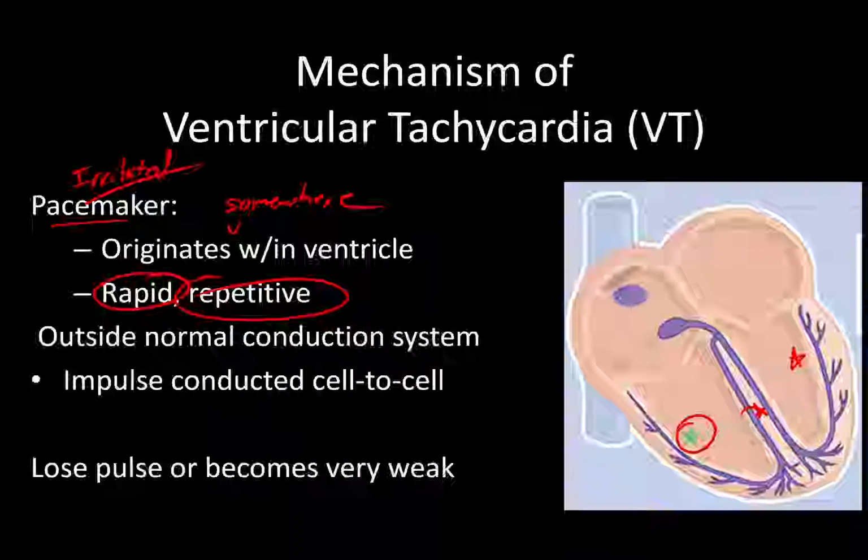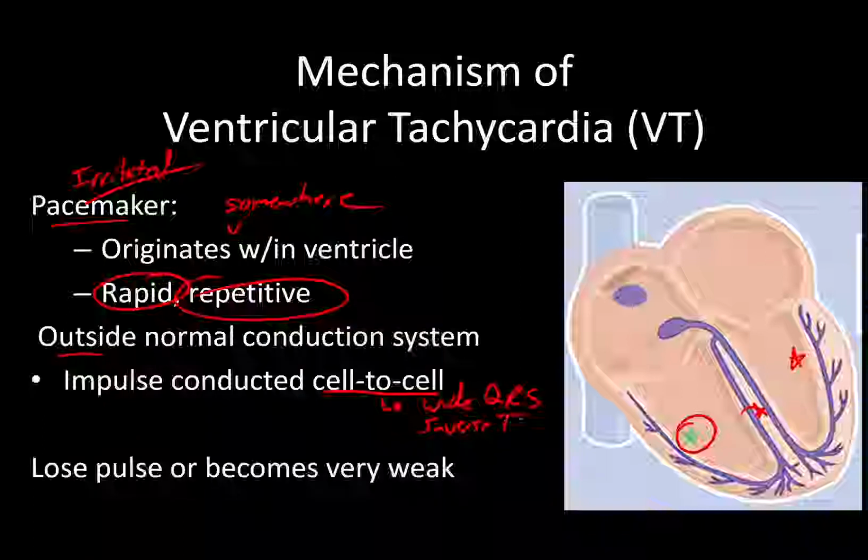This usually winds up being outside the normal conduction system, so you get good old-fashioned cell-to-cell conduction, which gives us the wide QRS and inverse T waves that we expect to see. And as we do a couple examples, you'll understand what I mean by that.